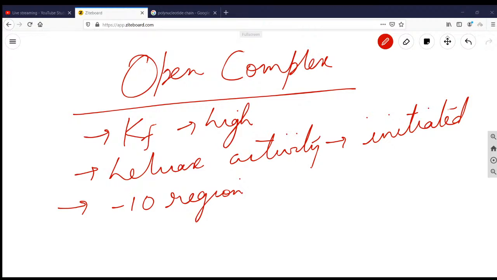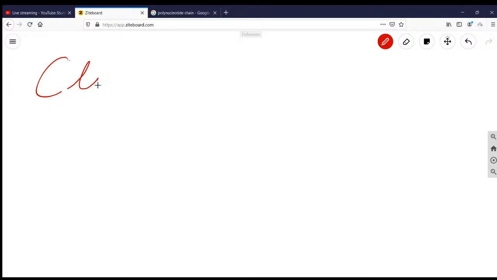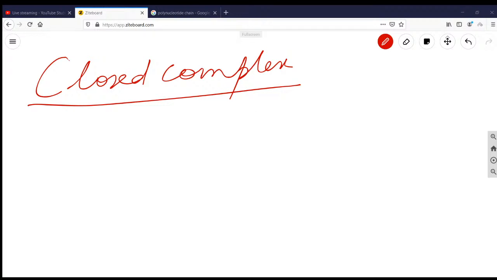So if you compare closed versus open, in a closed complex the RNA polymerase binds from minus 55 to plus 1, that covers about 55 base pairs.